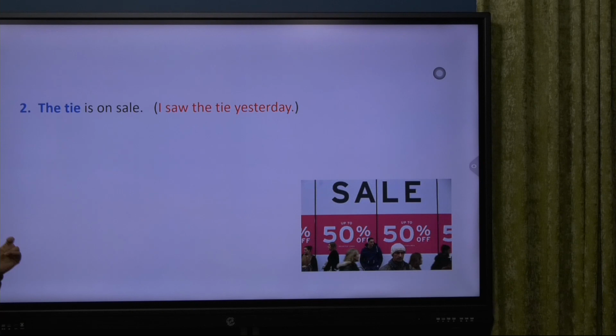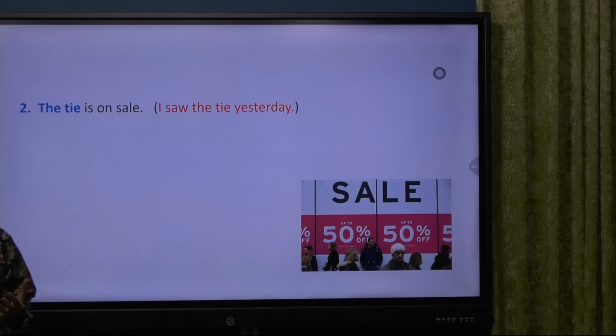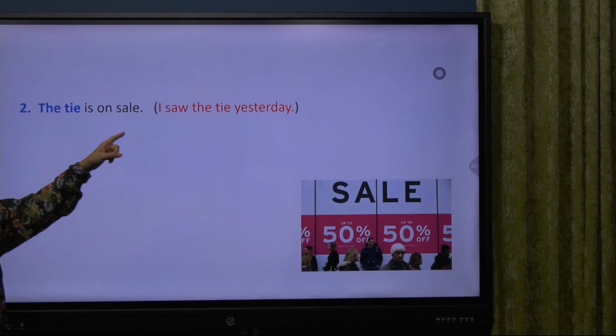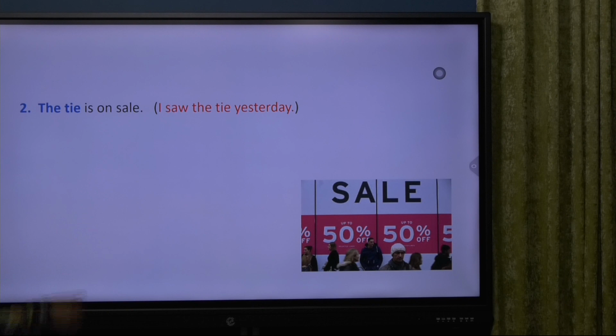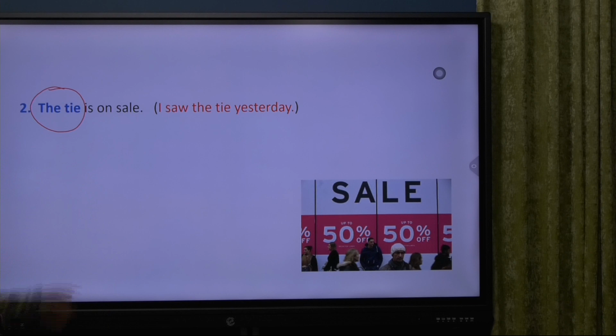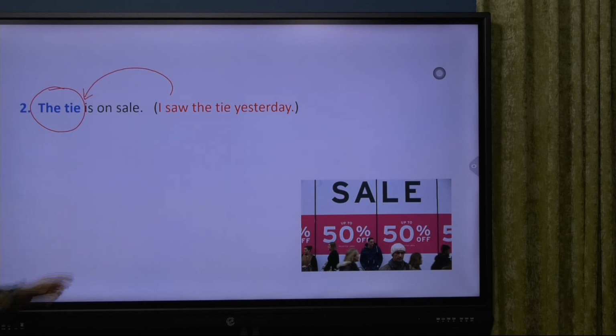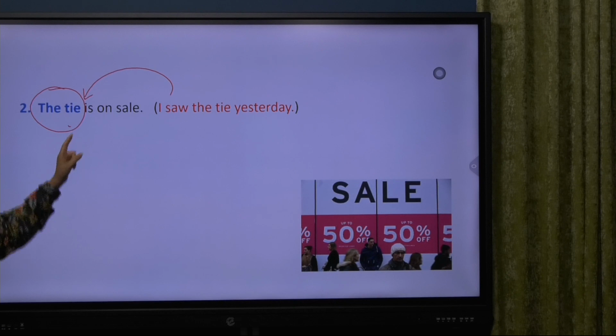And then one more example. Do you know how to do this one? The tie is on sale. Which tie is on sale? 邊條呔大減價？Which one? I saw the tie yesterday. 我琴日見到嗰條。So in this case, which one is the noun? 邊個係你個目標啊？The tie. So we have to add the relative clause here after the noun.